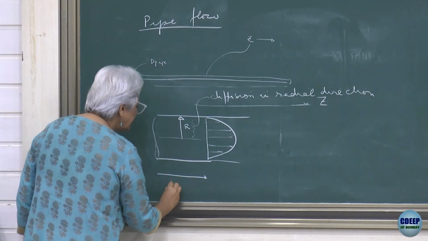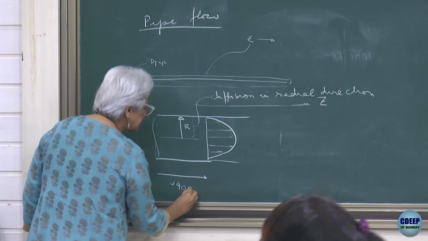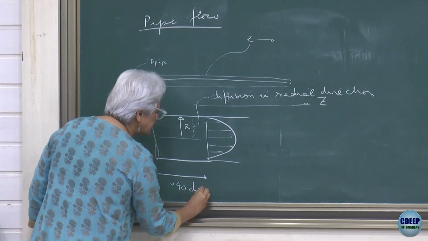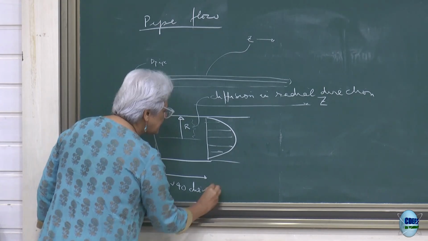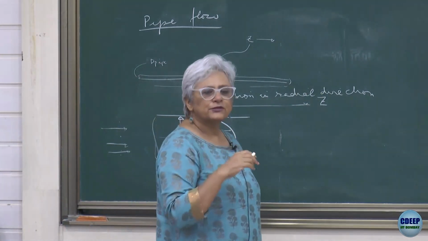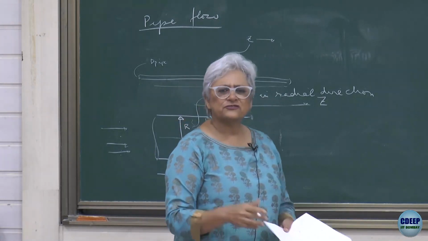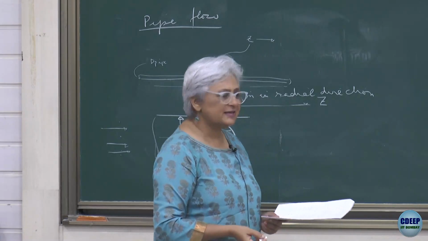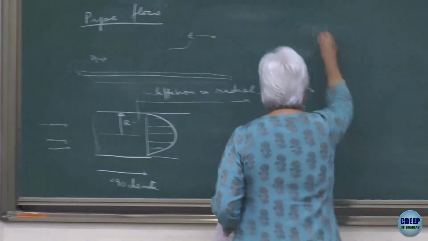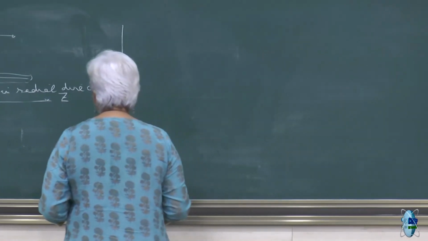Within about 40 diameters of the pipe, there is still going to be a long length of the pipe remaining. You would have a fully developed velocity profile, which is something that we all use as a general thumb rule.